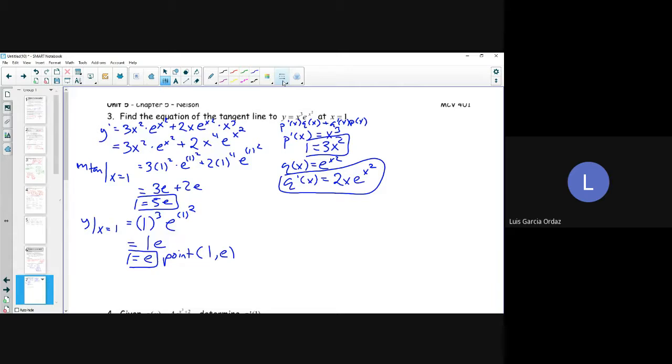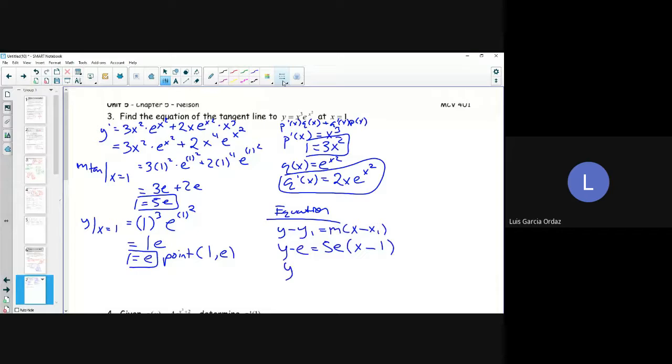So now I'm going to figure out my equation. So I get y minus y1 is equal to m times x minus x1. So I get y minus e is equal to my slope, which is 5e, times x minus 1.